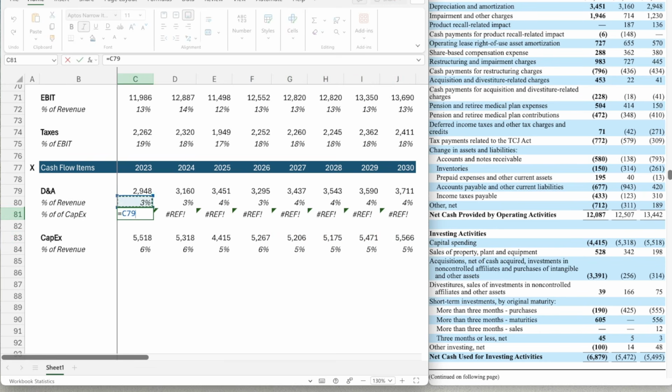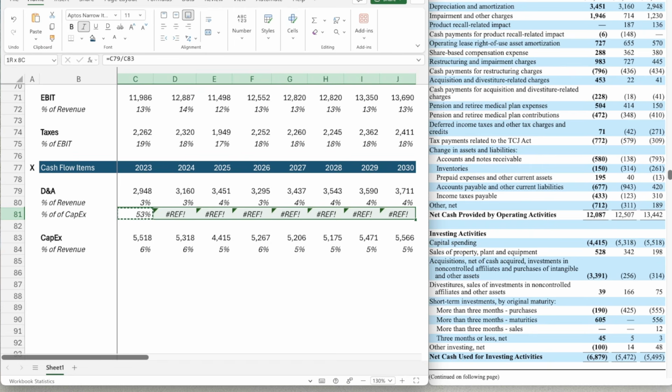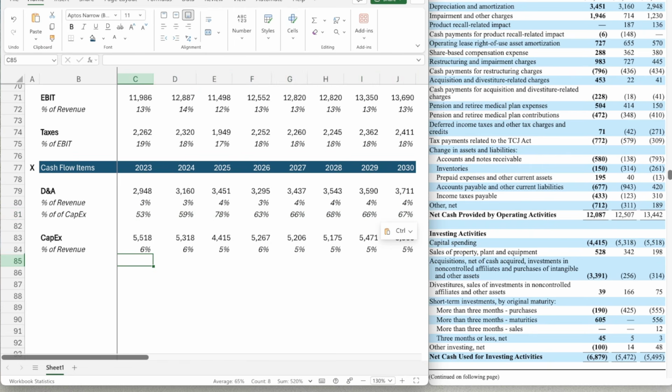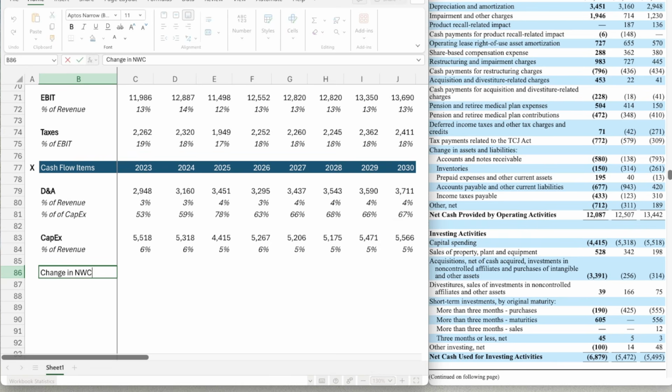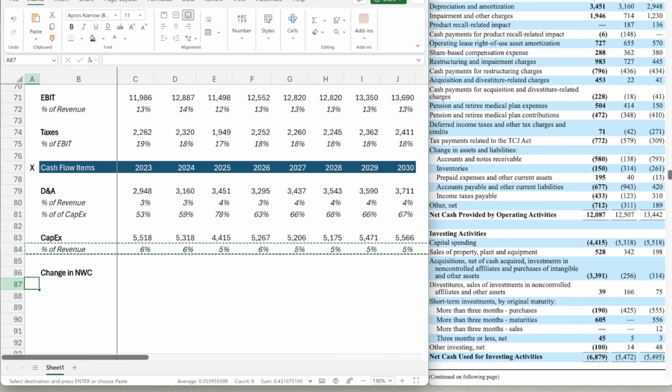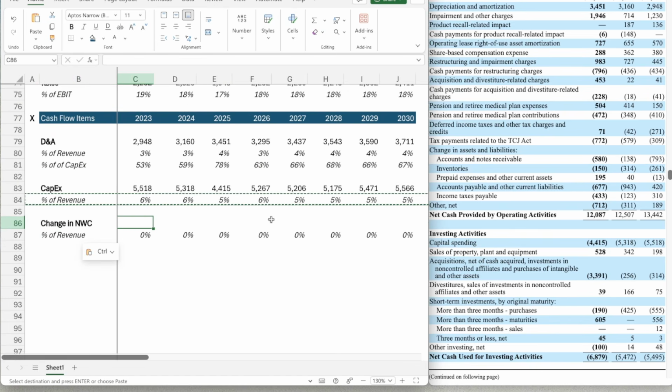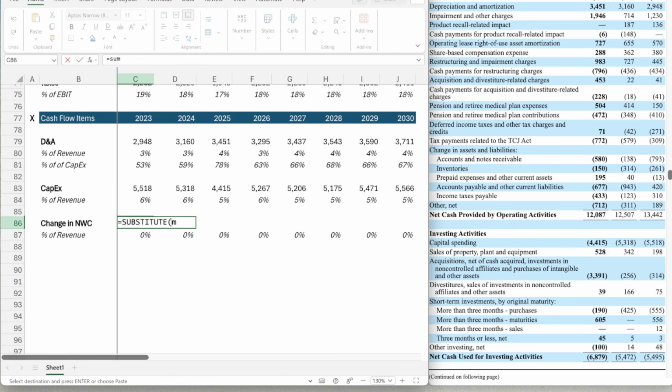For this one, we just take the D&A divided by the CapEx. Okay. So it's just the sum of these.